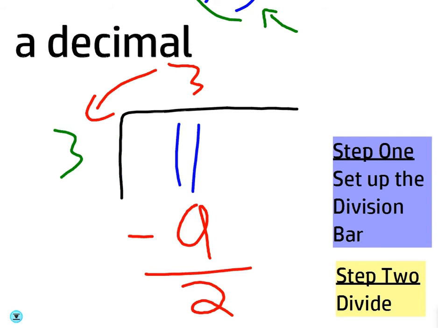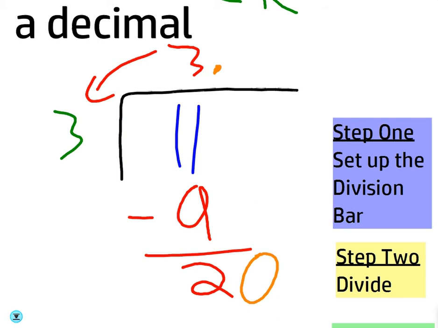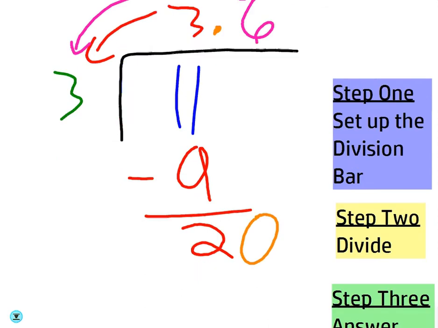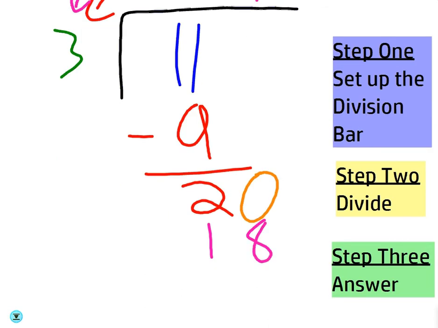Now, this one's a little different because the order is different. Since 3 doesn't go into 2, you put the 0, and then you put the decimal there. Now, how many times does 3 go into 20? 6. Okay, then we're going to do 6 times 3, which is 18.